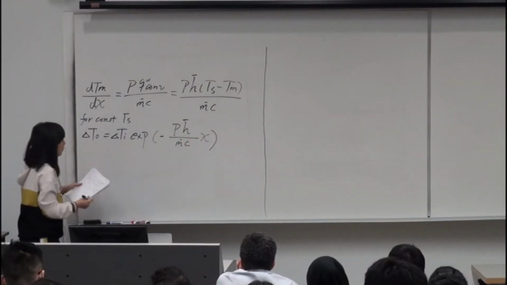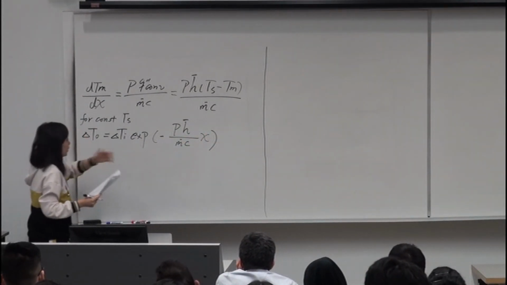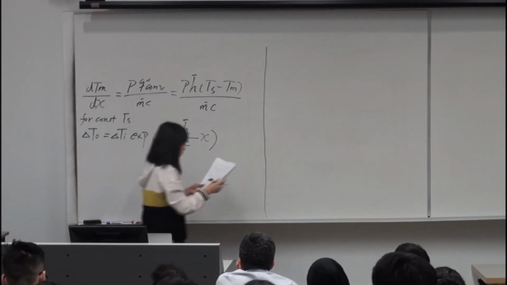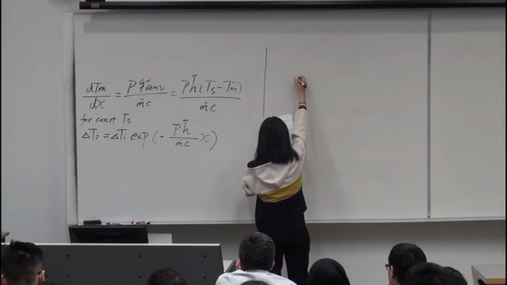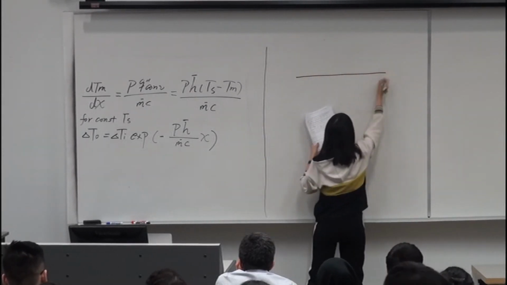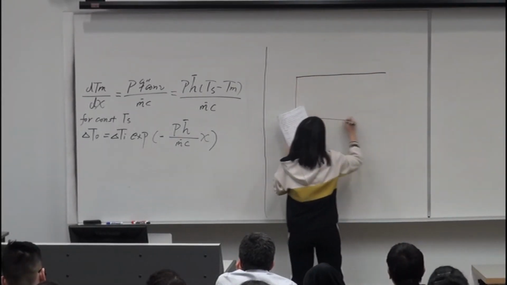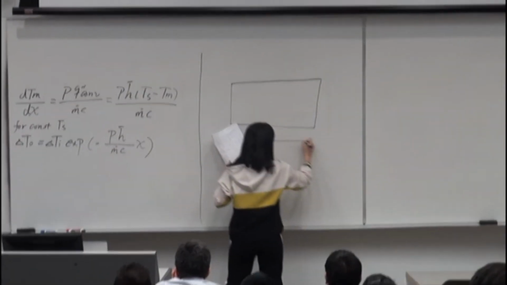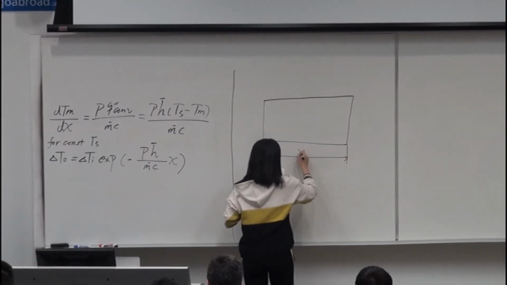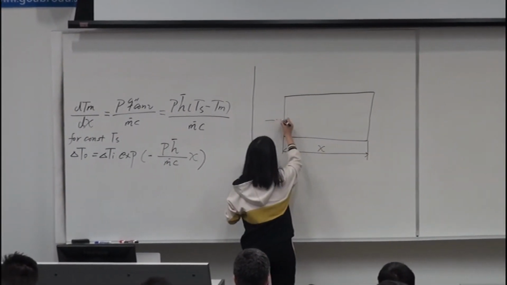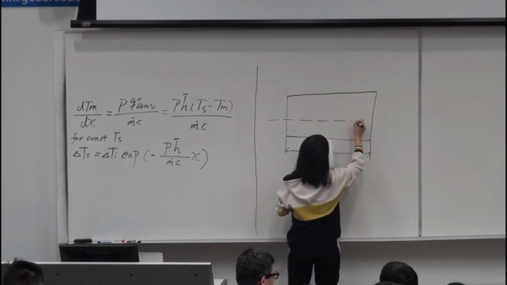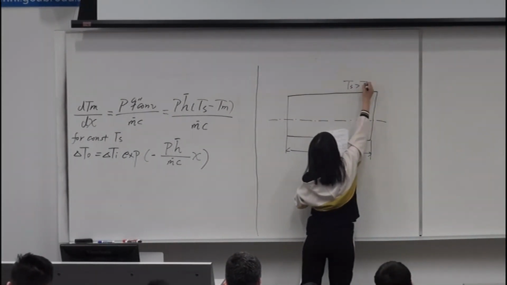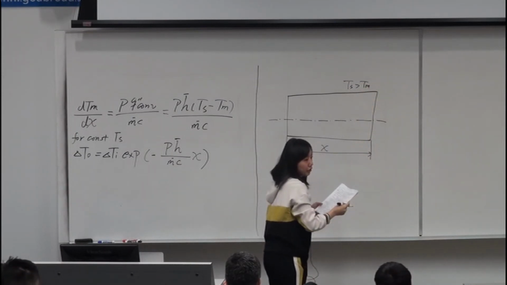This is the solution for constant surface temperature with an average heat transfer coefficient. Let's consider a period of tube with a length of x, and consider the heating case first, which means the tube surface temperature is larger than the mean temperature of the fluid.